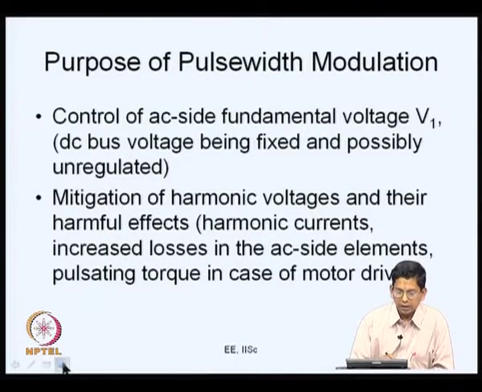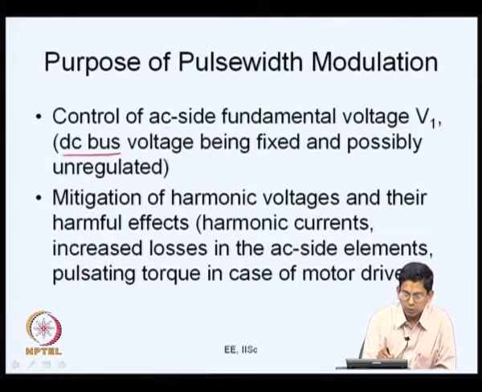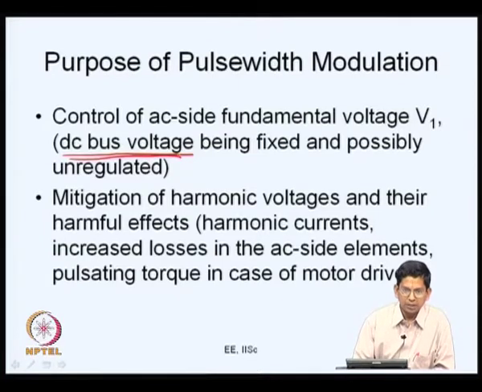Now, if you look at this, you have a voltage source inverter and that voltage source inverter has a DC bus voltage. The DC bus voltage is by and large fixed, it is not varied, and it could possibly be unregulated.